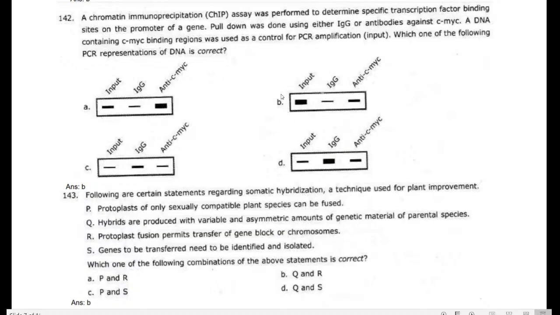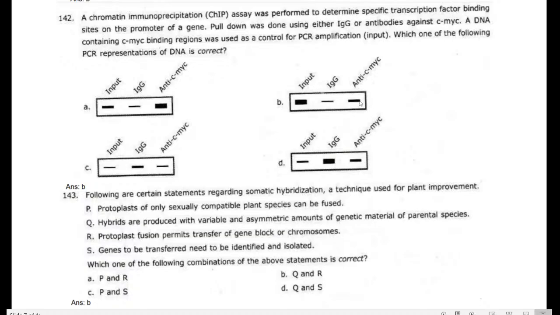After the PCR amplification, the amplified samples go through chromatin immunoprecipitation. The IgG does not recognize the sample because it doesn't have the Myc binding region. But when they add the anti-c-Myc, they get a better resolution image with a better band.